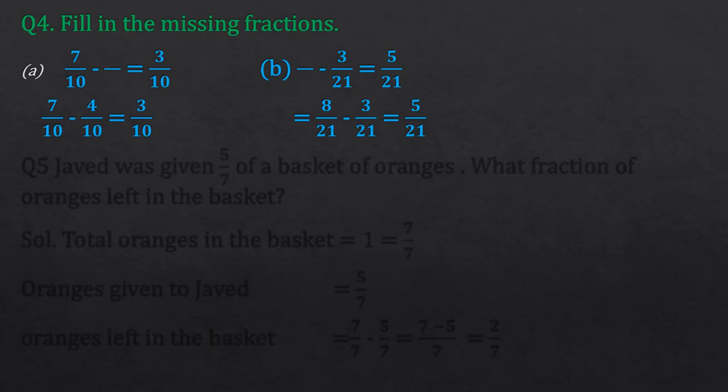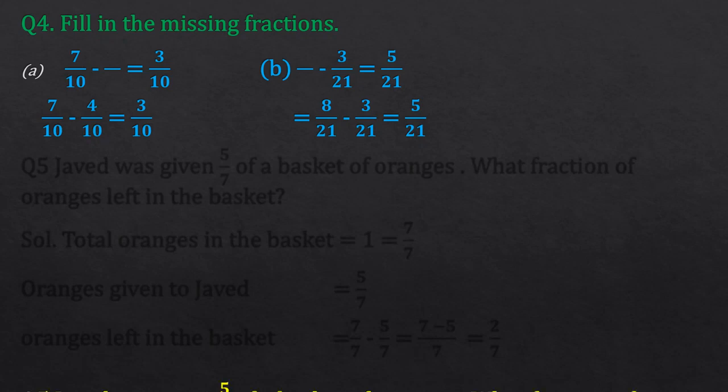Now see, from what number you will subtract 3 so that you can get 5. From which number you will subtract 3? That is 8, because 8 minus 3 is 5. So your fraction is 8 upon 21. In this way you can do all the parts.